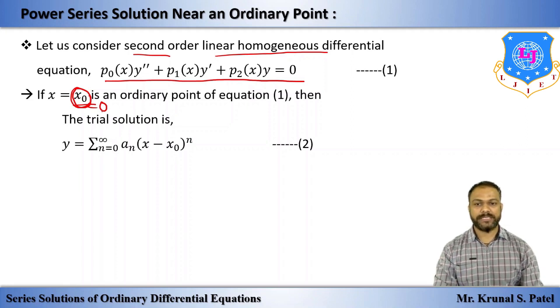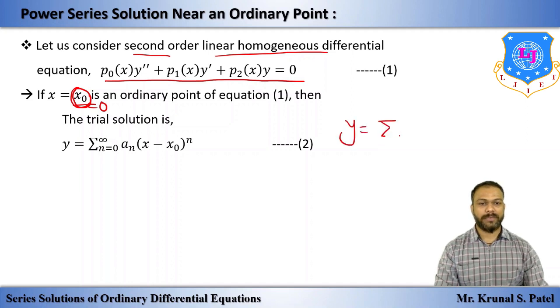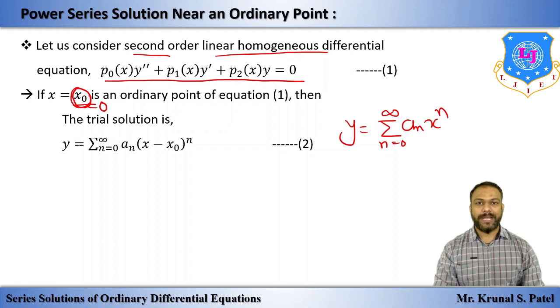If this x0 is 0, then this becomes y is equal to sigma n is equal to 0 to infinity a n x raised to n. That we have to compulsorily remember. I am just explaining this method, that's why I am using this x is equal to x0.